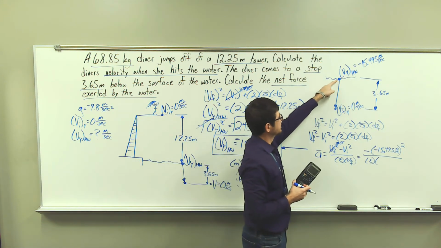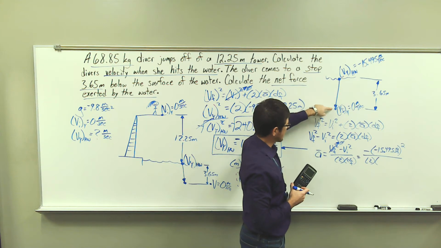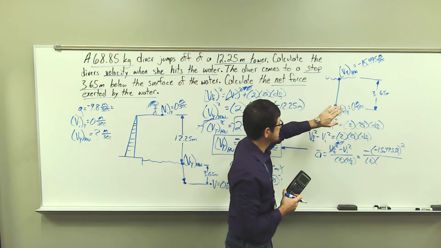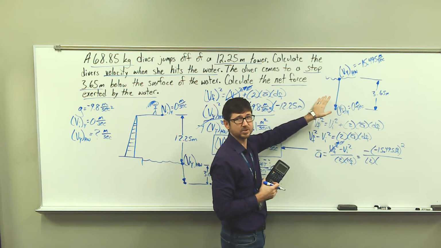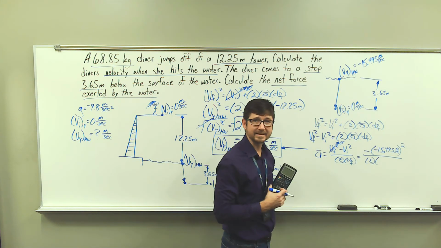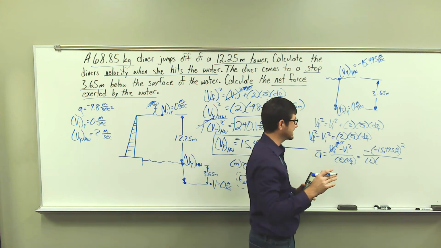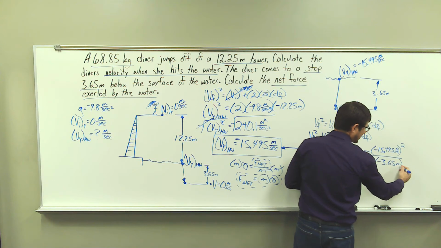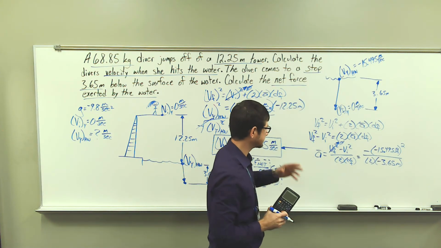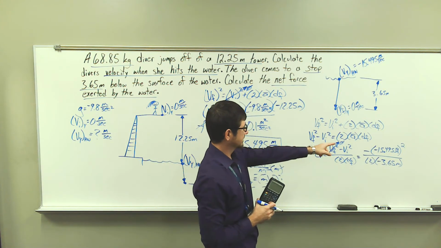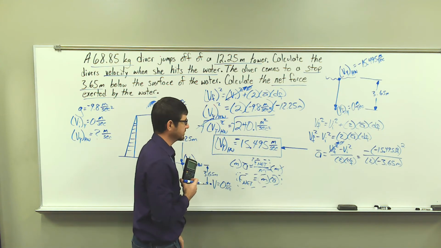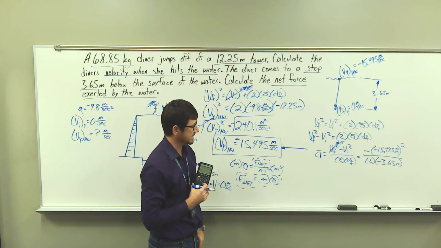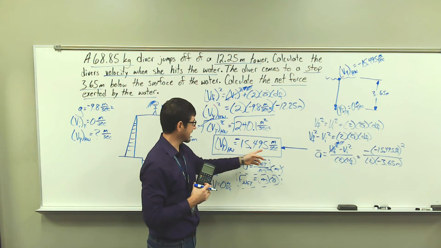Now right here, we start here, and the object is still moving in a negative y direction. And displacement is a vector, so we have to show direction by including a negative sign. So negative 3.65, and we have units of meters. Right here, we need to go ahead and square this value. So negative 15.495 meters per second, we have to square that.